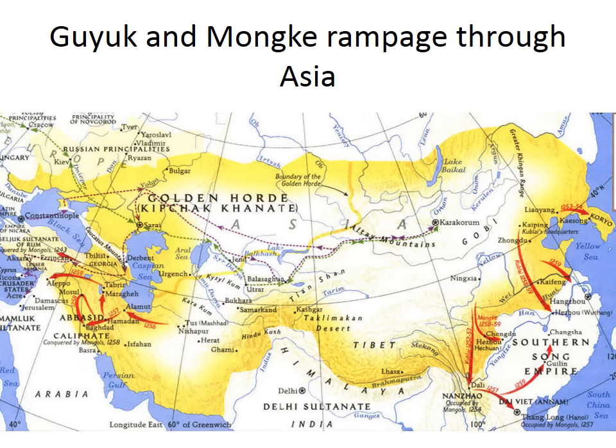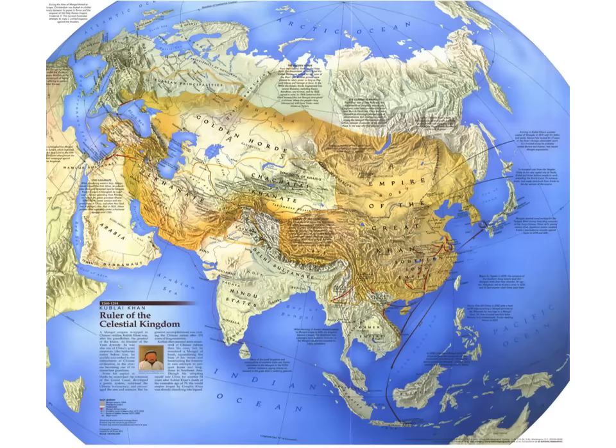The expansion continues under Guyuk and Möngke, who eventually expand into Southeast Asia and undertake more campaigns in the Middle East, coming into conflict with the Abbasids and the Mamluks, until the time of Kublai Khan, at which the empire was at its probably greatest extent, including most of what we know as China, large sections of northern Vietnam, Tibet, stretching from the coast of the Pacific right through to the very borders of Western Europe.